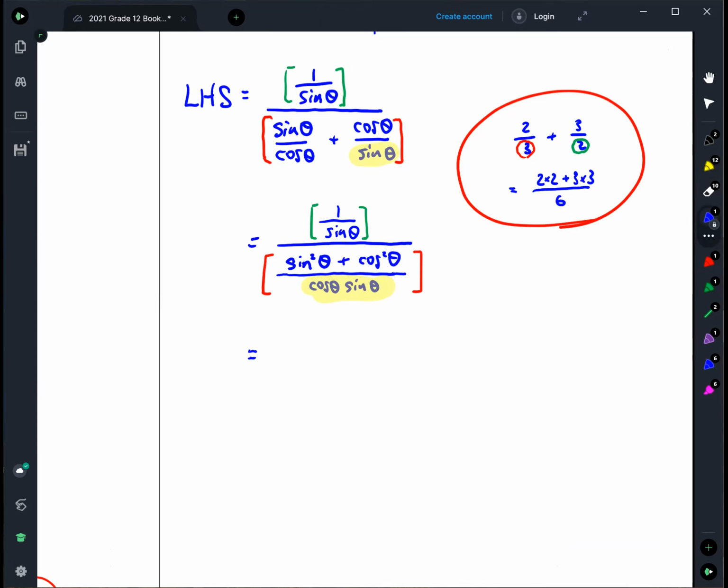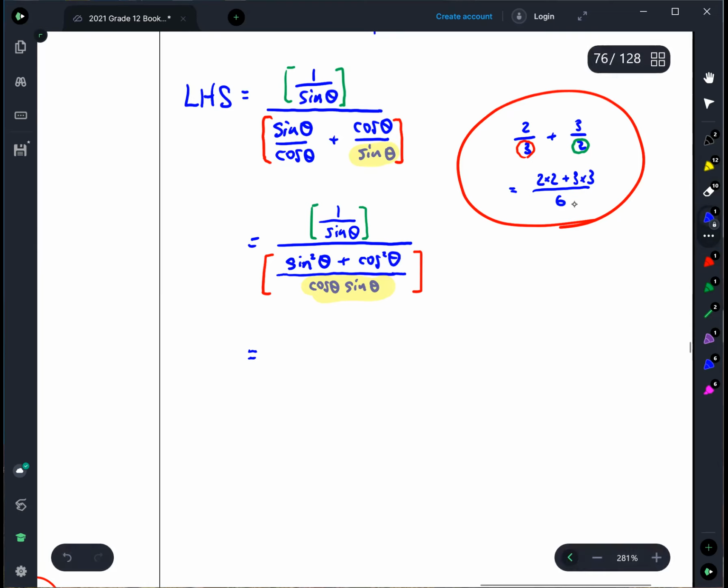Try to compare with the example I gave you on the numbers. If it's numbers, you need to times it by the missing part. Sorry, not times 3. It should be times 2, right? Times it by 2, times it by 2. Times by 3, times it by 3. So your denominator will be the same.